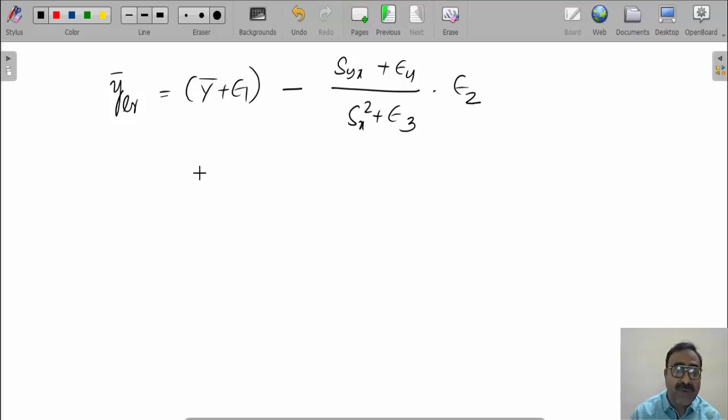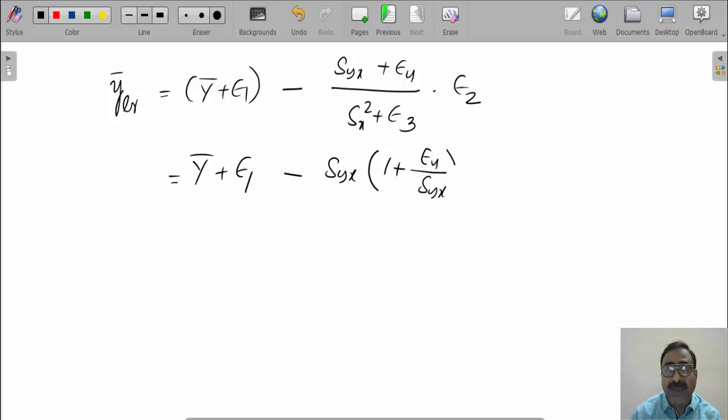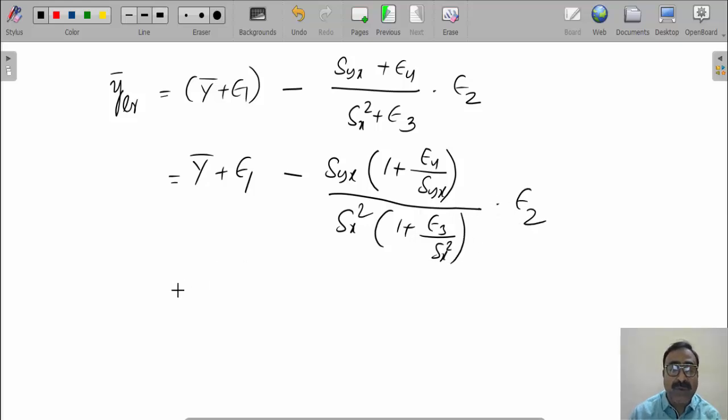So that is equal to Ȳ + ε1 minus S_yx, taking common, (1 + ε4 by S_yx) divided by S_x square (1 + ε3 by S_x square), into ε2.